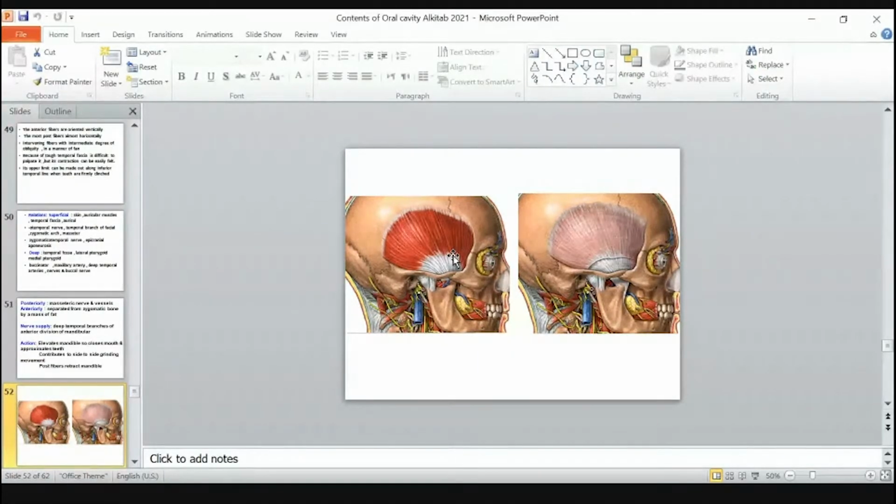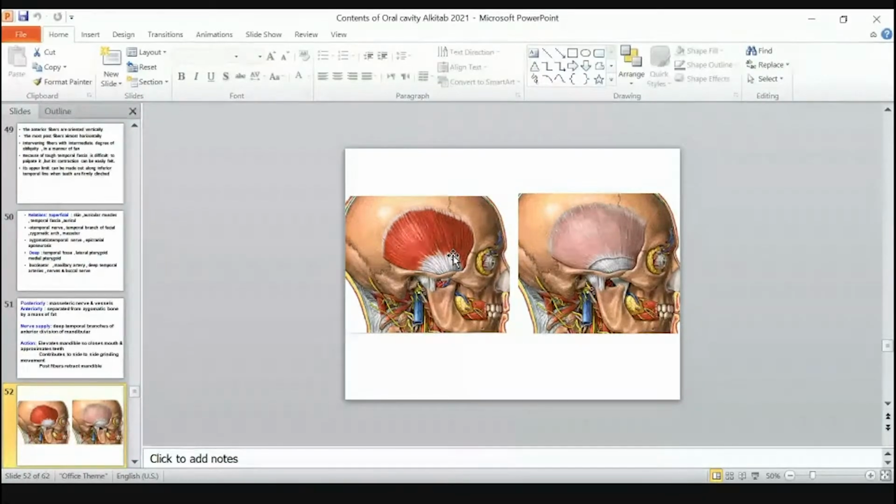And the main action of the 4 muscles of mastication is that they are masticatory muscles. They act over the temporomandibular joint, leading to movement of the mandible, and so movement of the teeth, to aid in masticating food.